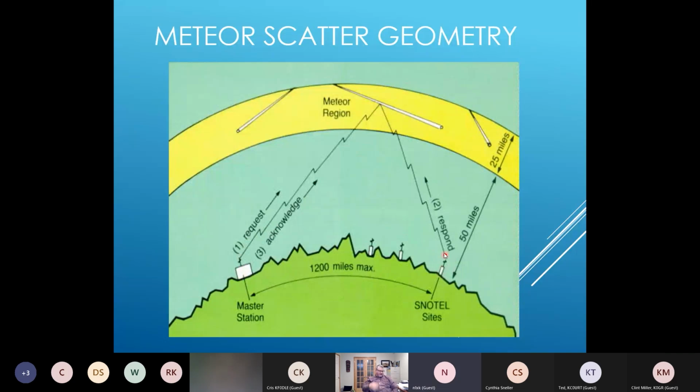That station would then try to send another one up and bounce it back. Now, the meteor trail may or may not be there. So again, they would have to send maybe multiple times in order to get that there. On this cartoon, you're looking at 1,200 miles max. Obviously, depending on where you are in this range, it could be a little shorter or a little longer.